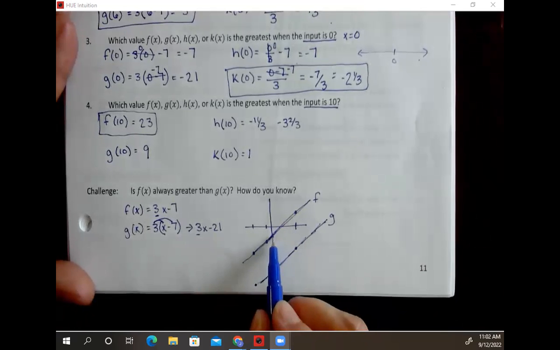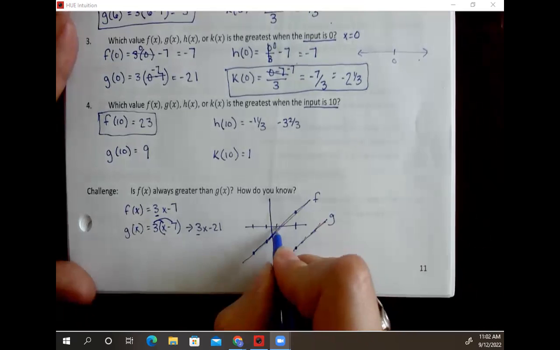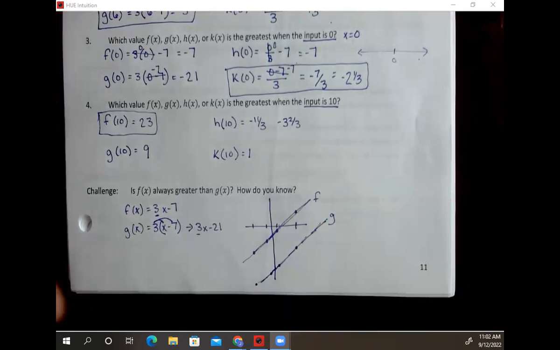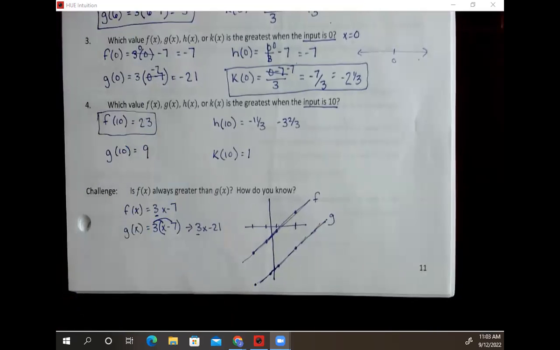Because f has a greater y-intercept, whatever value I pick, f will always have a greater function value than g. Okay? So I could have plugged in a bunch of function values and kept checking. We already had a few examples here, but we can also tie that back to what we would see if we looked at a graph of these two functions. Okay, all of this stuff works together.